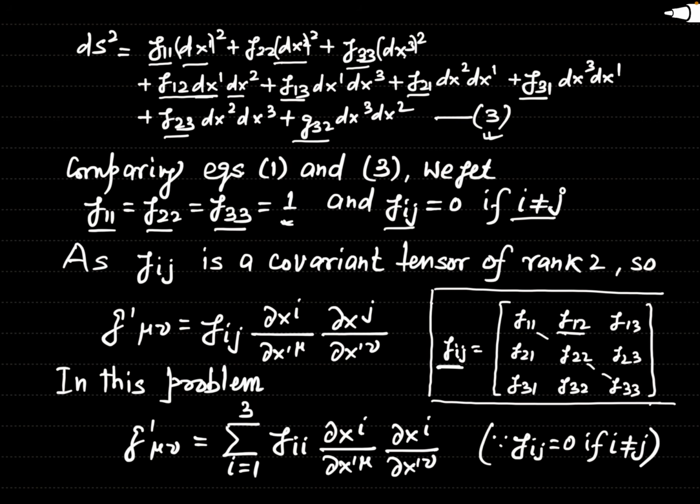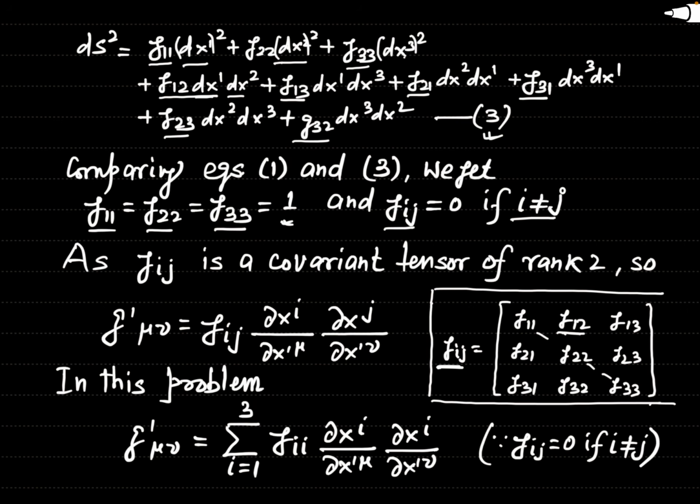One is the unprimed coordinate system having the independent variables like xi, xj, and so on. And another is the primed coordinate system where you write the independent variables with the primed symbol, that is x prime mu, x prime nu, and so on.